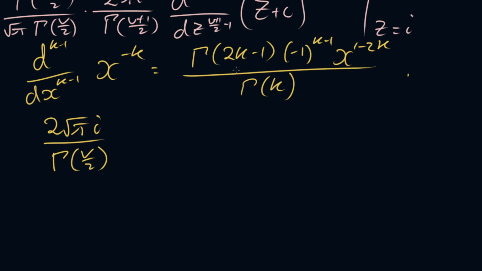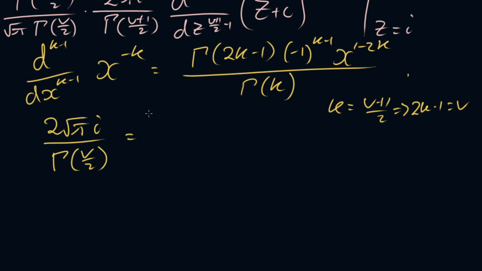in this case we have k is equal to nu plus 1 over 2, which implies that 2k minus 1 is equal to nu exactly.